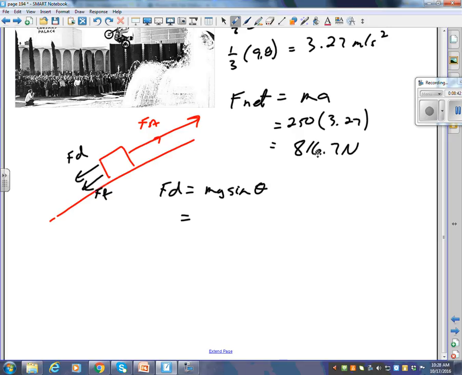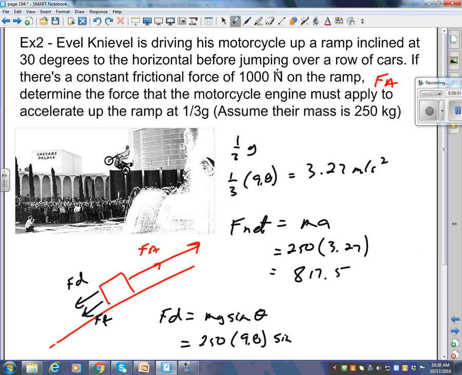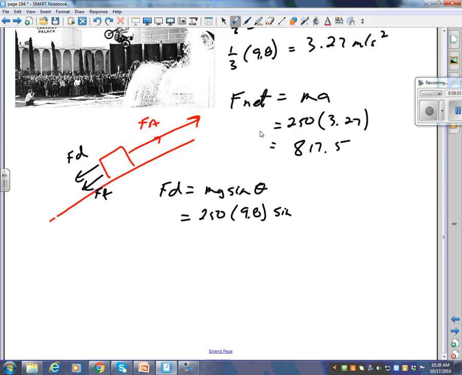That's how I got my value. What do you want it to be? 817? Okay. So this value here is going to be 250 times 9.8 times the sine of, what's my angle here? 30. 250 times 9.8 times sine 30.